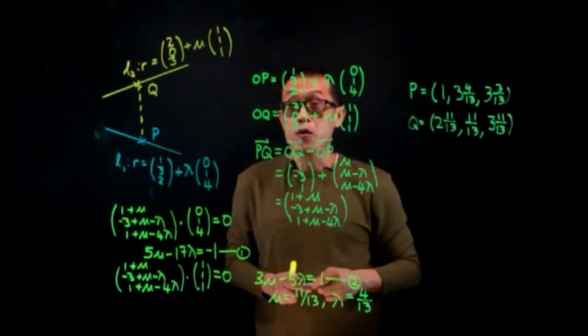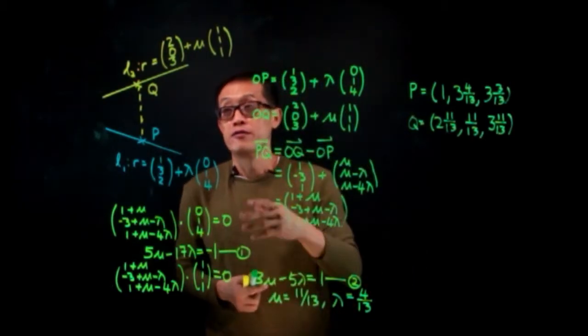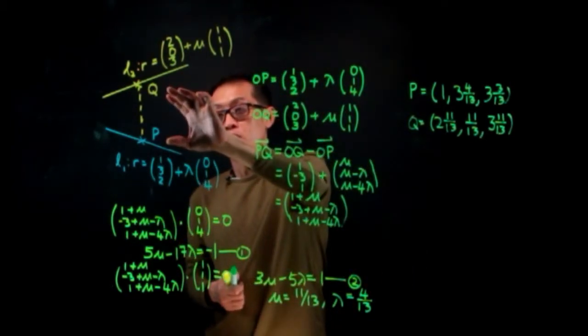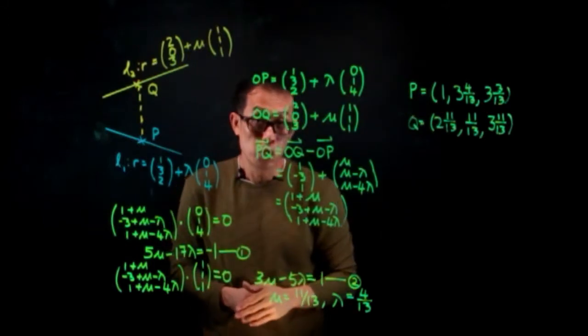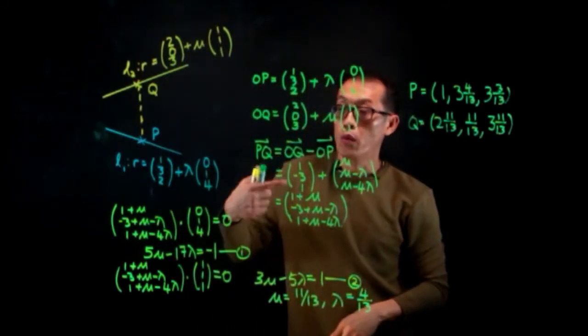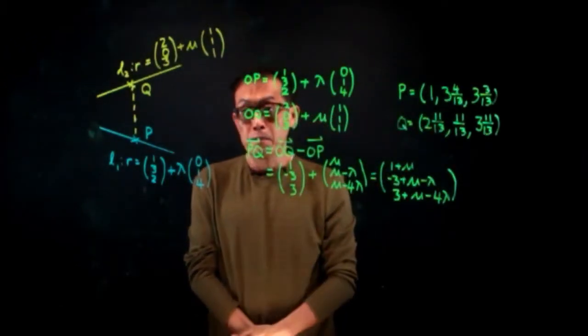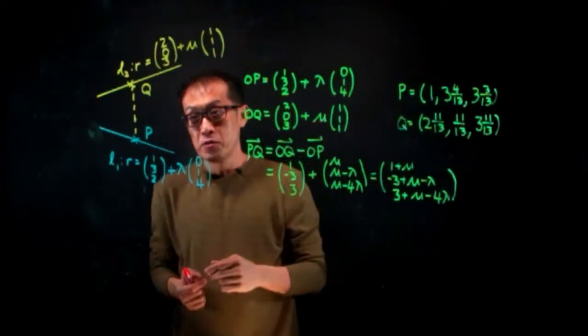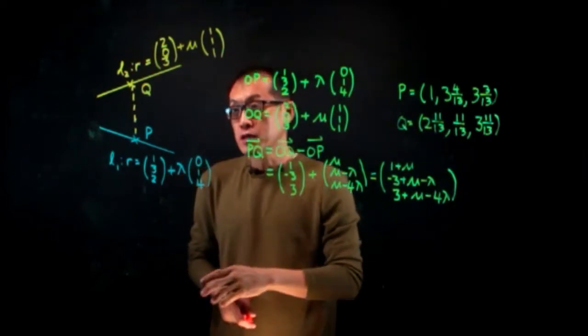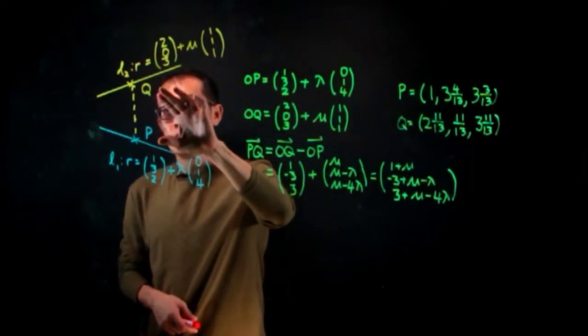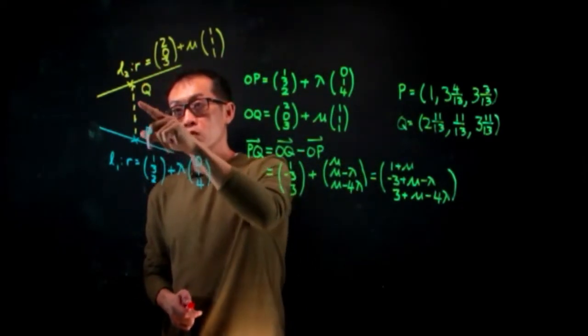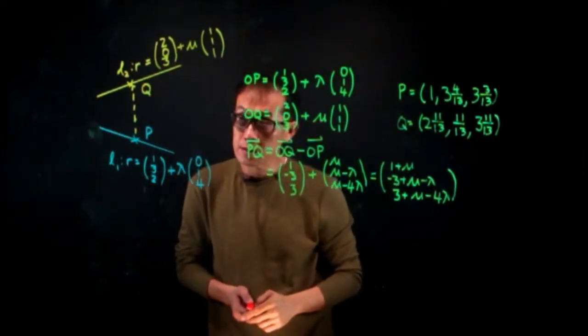Now we have finished finding the coordinates of P and Q using one of the methods. Now we shall go on to method 2. It is given that PQ is perpendicular to both of these lines.